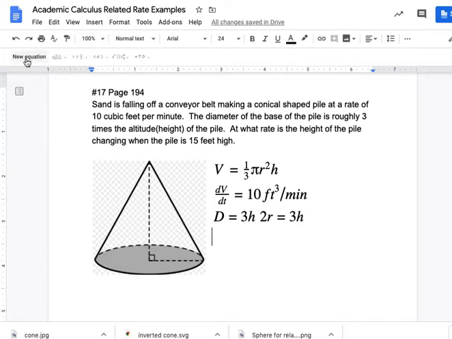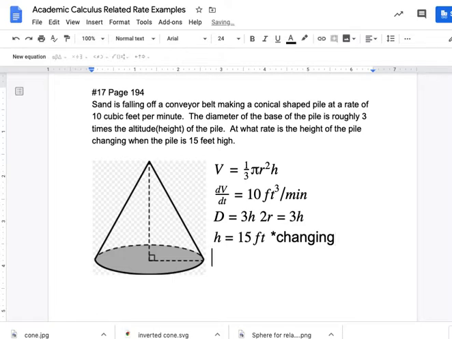We're given the fact that we will have a height of 15 feet, and it is important to note that that is a changing dimension. So we're not going to be able to plug that in right away. That'll have to be at the end.